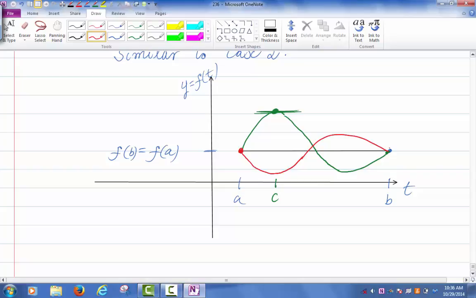In any case, when it goes to the left, there is a point where the position would be the least, and at that point again, the tangent line would be horizontal, or the velocity must be 0. Am I making sense? Is everybody okay with that?